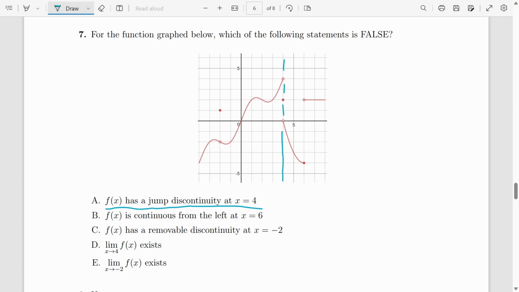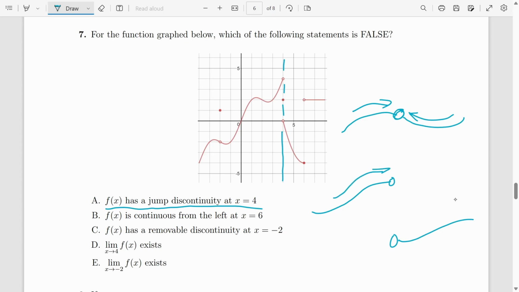A jump discontinuity means that a function suddenly stops at one point and then picks back up at a different point. A removable discontinuity is when you have a hole there, but the limits on both sides approach the same value.